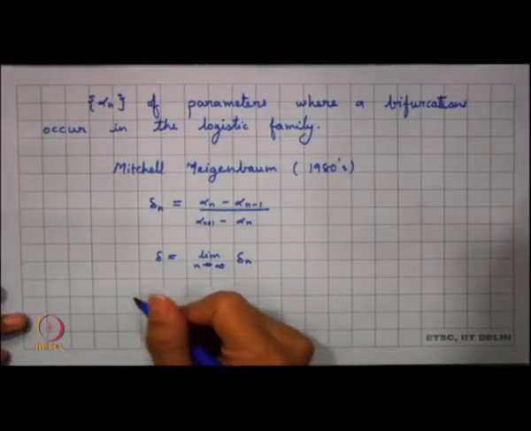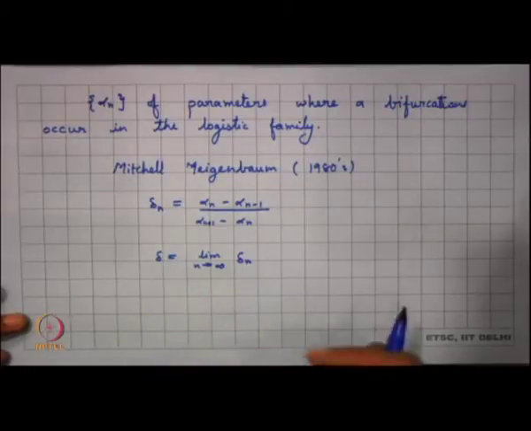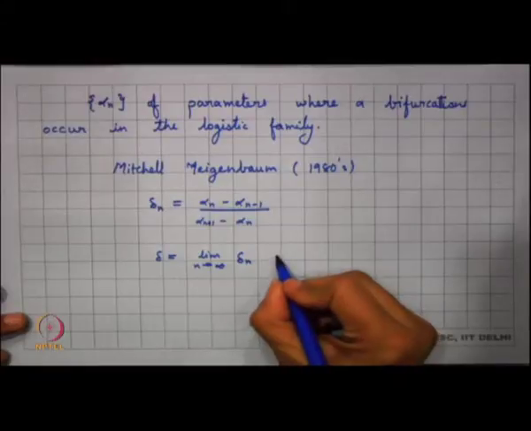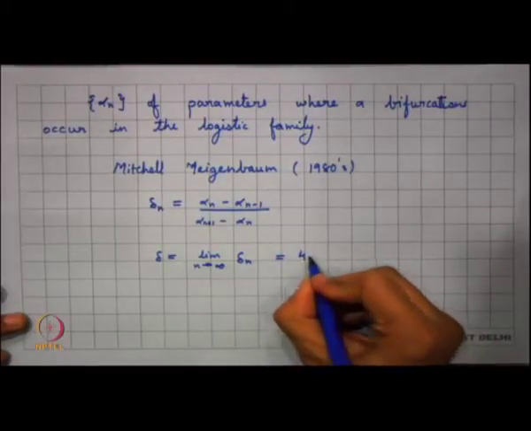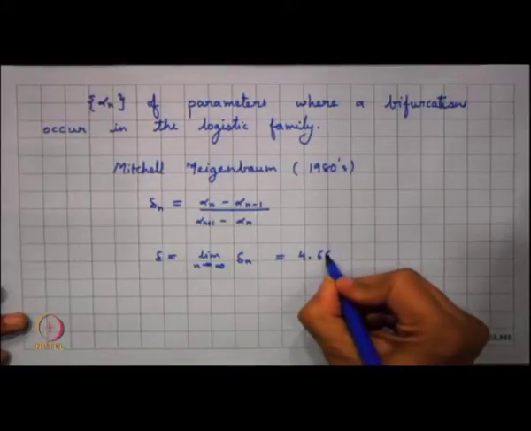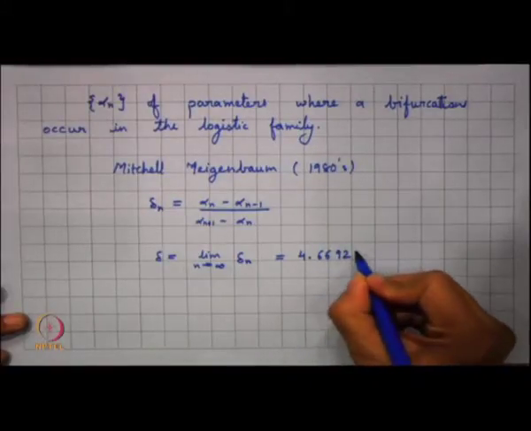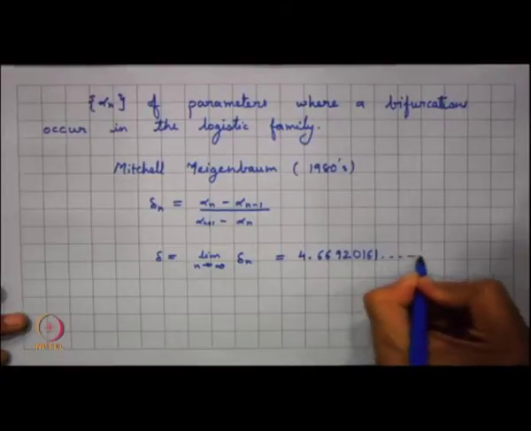Then this limit is a universal constant for all kinds of period doubling bifurcation, and this limit turns out to be, of course, an irrational number, something like 4.66920161 and so on.